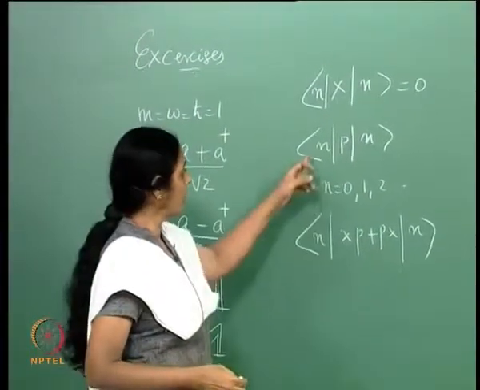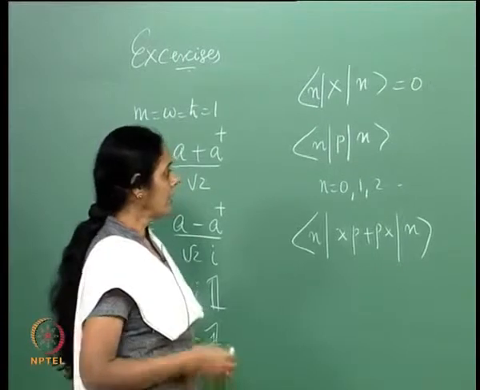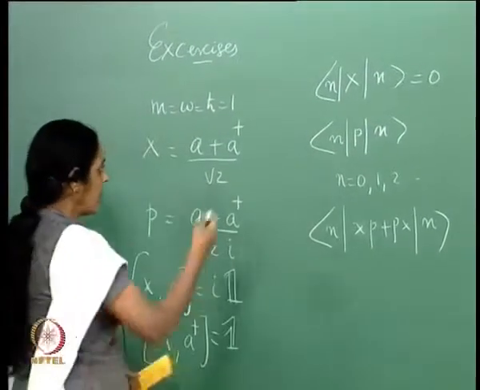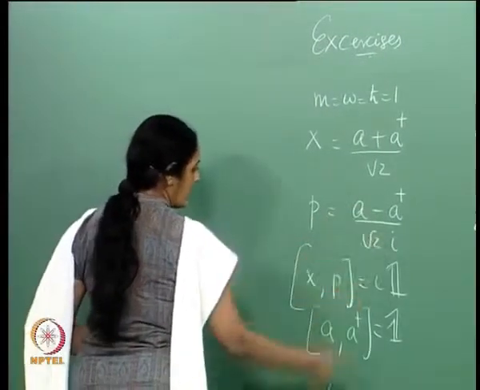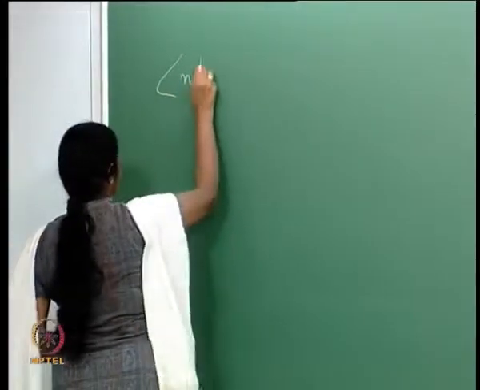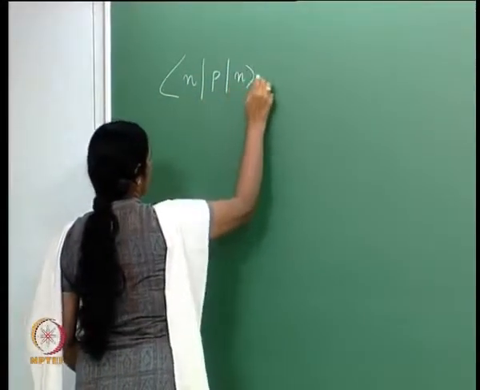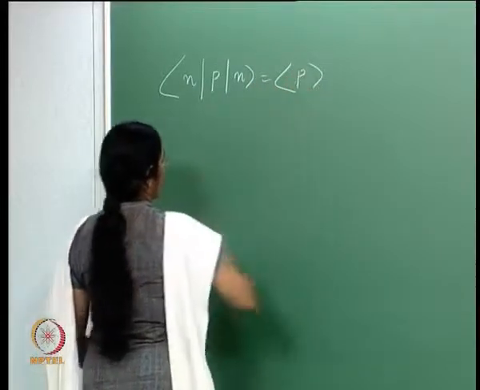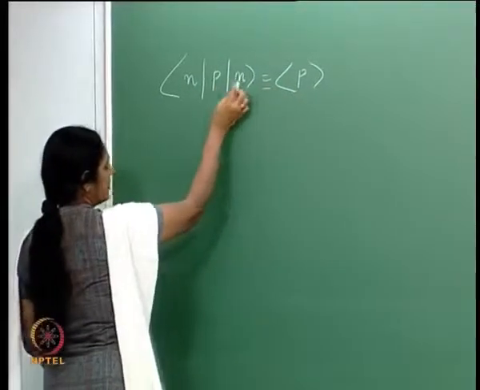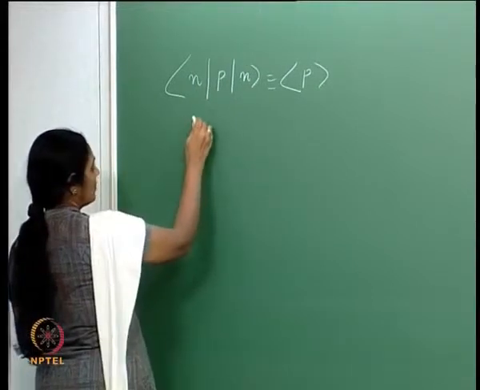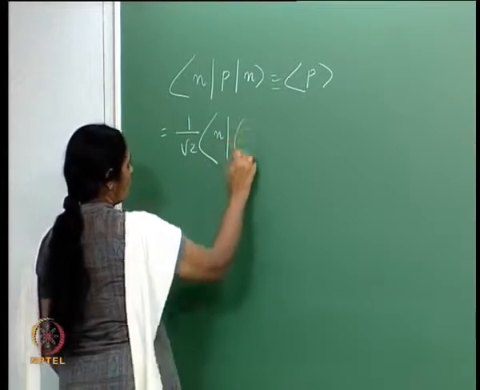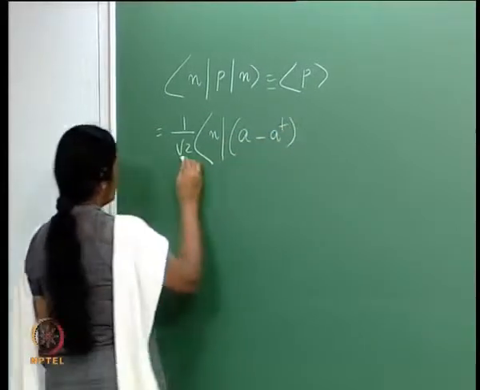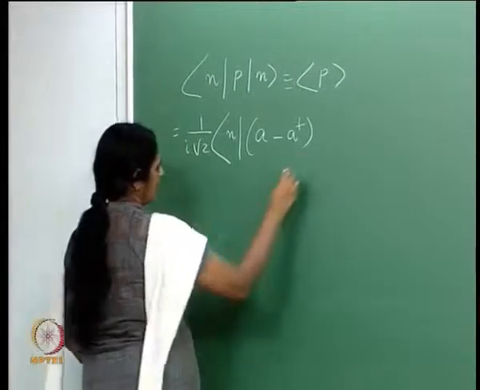Now suppose I wish to find out the expectation of p in any of these states. I would repeat this, substituting p is (a minus a dagger) by root 2 i. So I wish to find this, which is identical to the expectation of p, and that is given by 1 by root 2 i <n|(a minus a dagger)|n>.